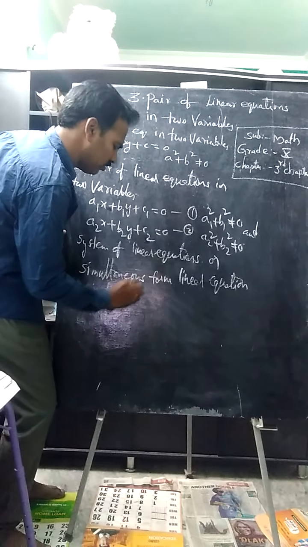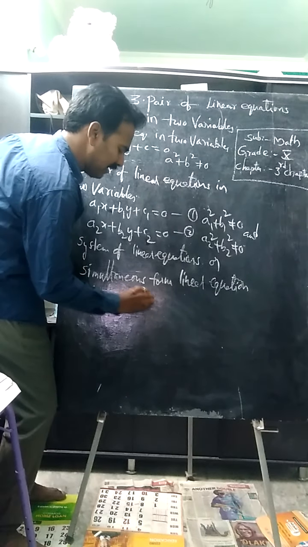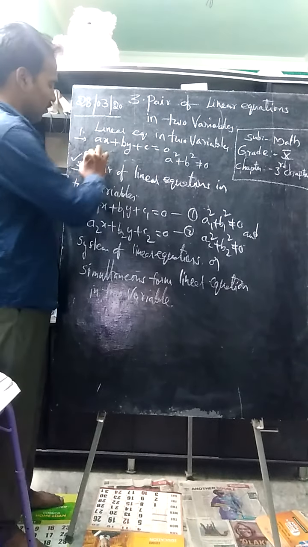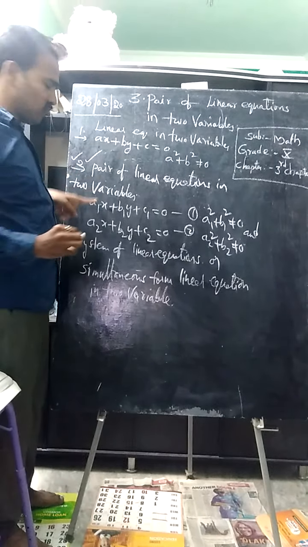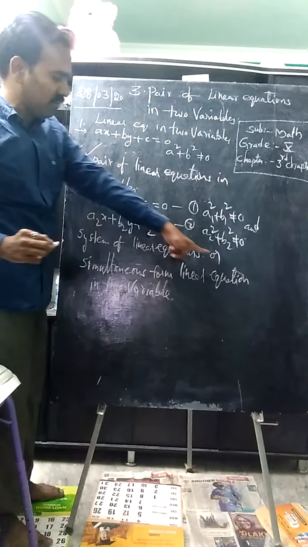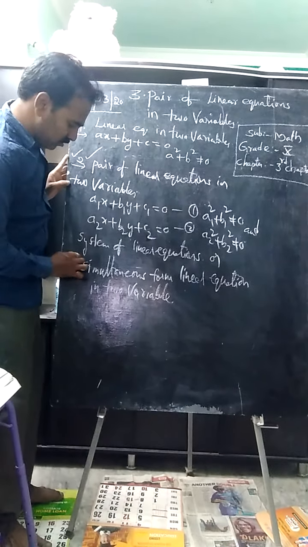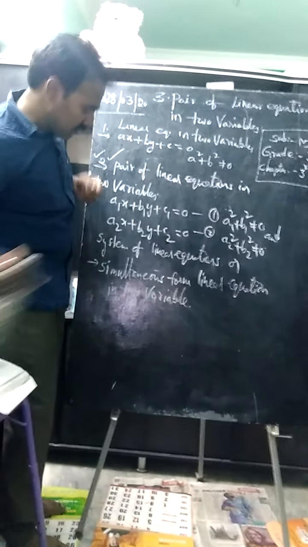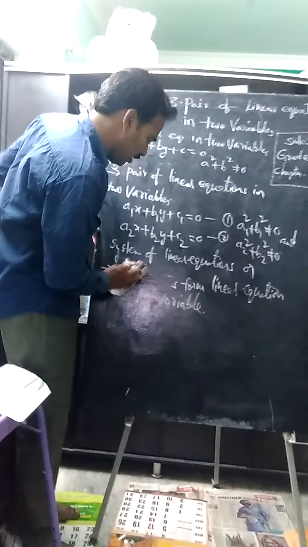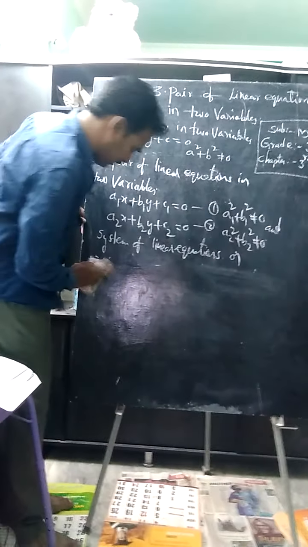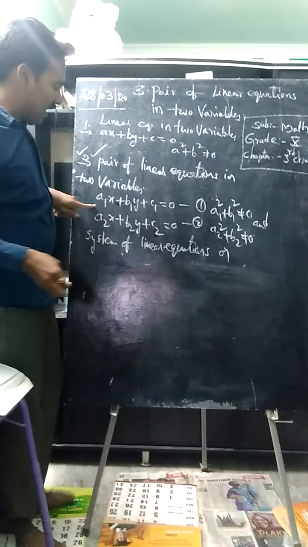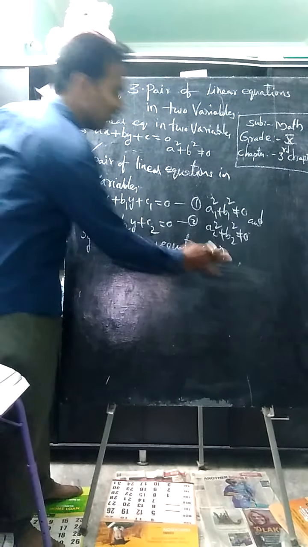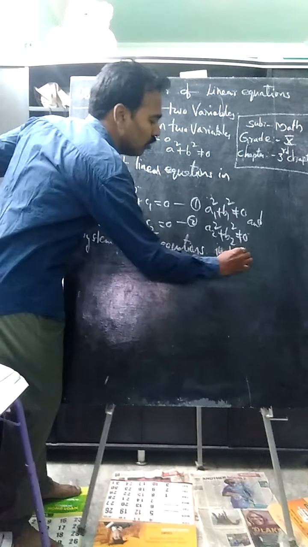So we have three names for this, but in your standard you will use pair of linear equations in two variables or else system of linear equations in two variables. The third name you will learn in higher classes; it is not required in this standard.